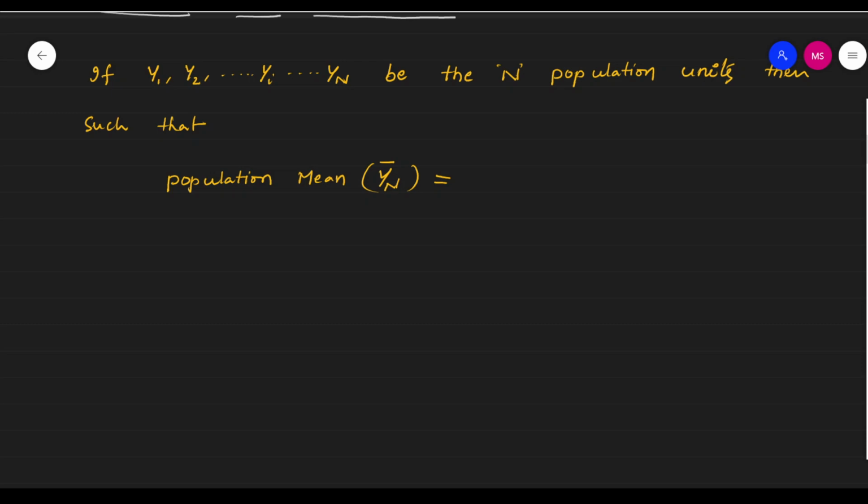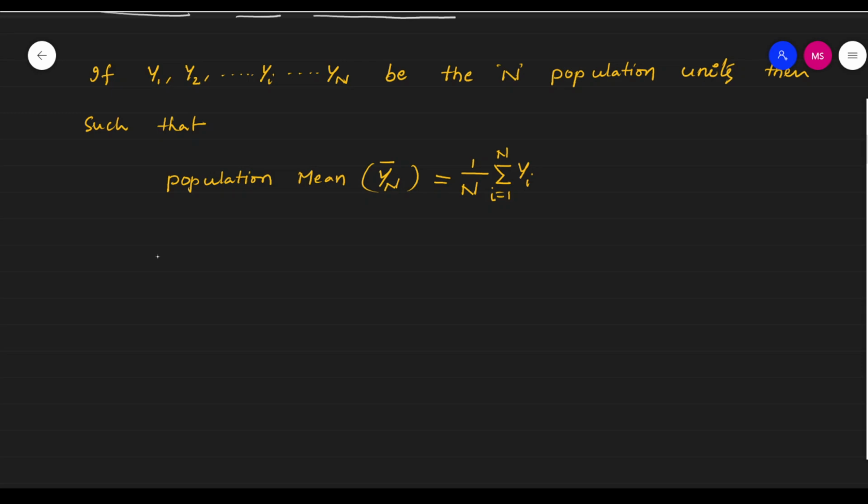So Y1 plus Y2 plus and so on plus YN, indicated by the summation symbol, summation i running from 1 to capital N Yi, divided by the number of observations, size capital N. That is the formula: capital Y N bar is equal to 1 by N summation i running from 1 to N Yi.